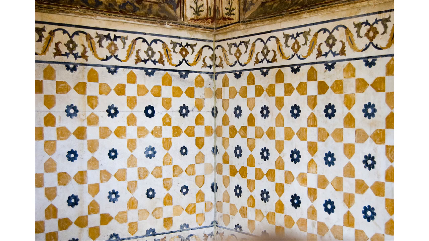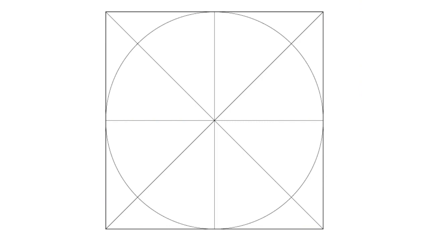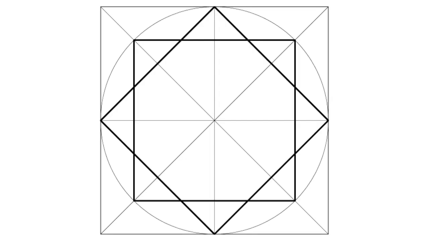Craftsmen weren't mathematicians. They used a compass and a ruler to make geometric patterns. And that's also what we will be doing in this lecture, and that's also how I teach it in my book. You can see a square divided into 8 equal sections with a circle, and then in that circle here are placed 2 squares.